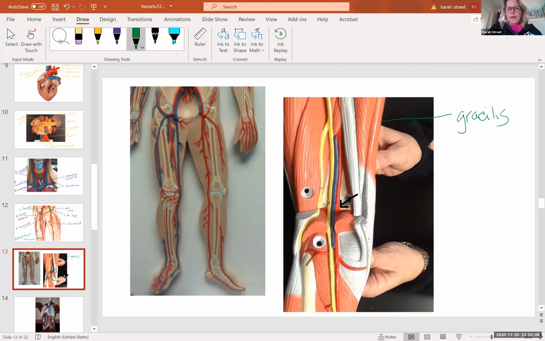So this arrow here is pointing to the left popliteal artery. Because it's going behind the knee. Again, on this model, you would tag it there. So that would be the right popliteal. If you see a blood vessel on the back of the knee, it's popliteal. That's what we want you to know.